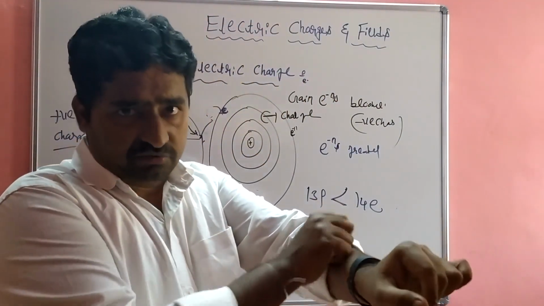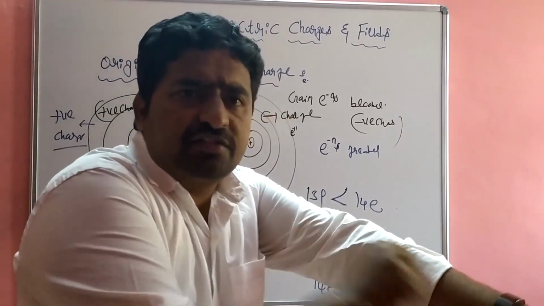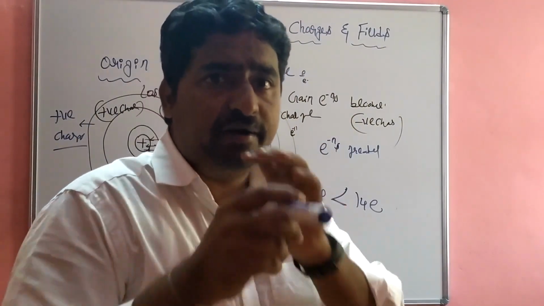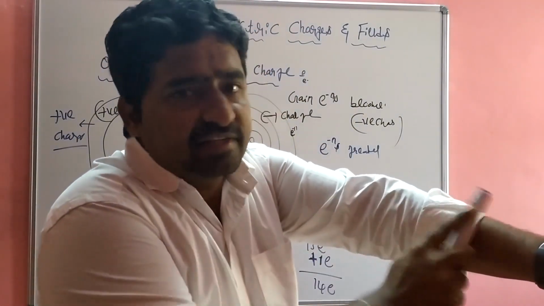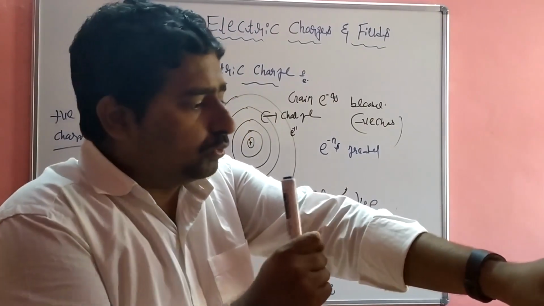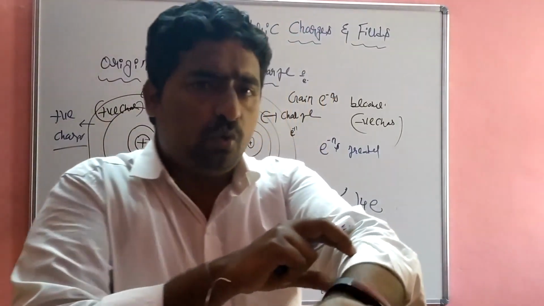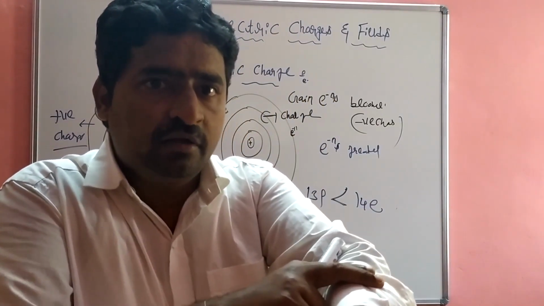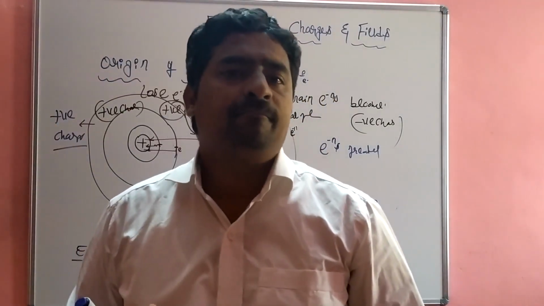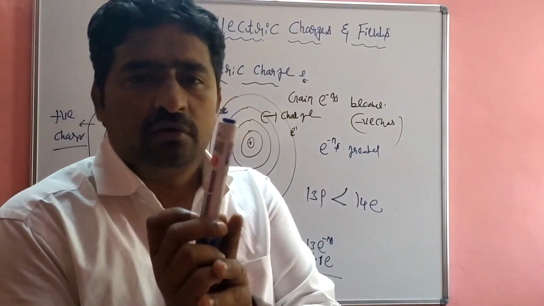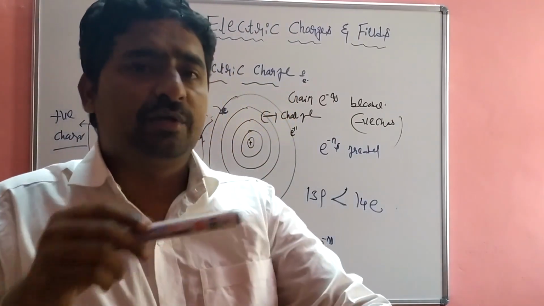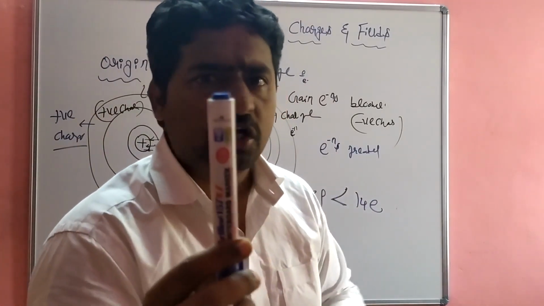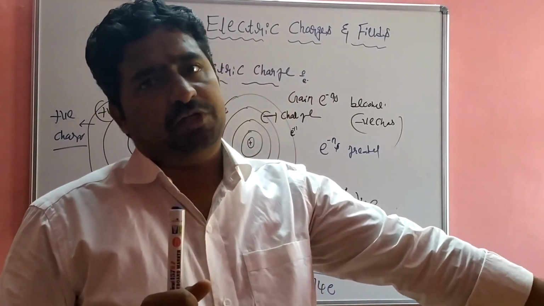The silk cloth loses the electron, and the rubber gains the electron. So the balloon is negatively charged and the silk is positively charged.